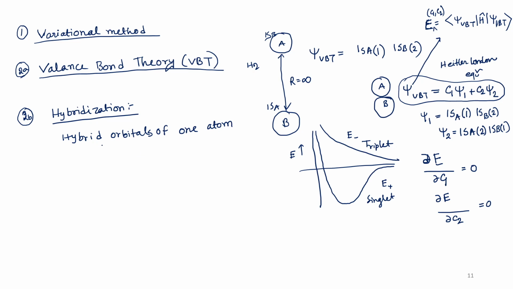So hybrid orbitals will be formed in one atom, and then they are going to form the bonds. You already know that there could be two types of hybrid orbitals: one is equivalent, and another could be non-equivalent.